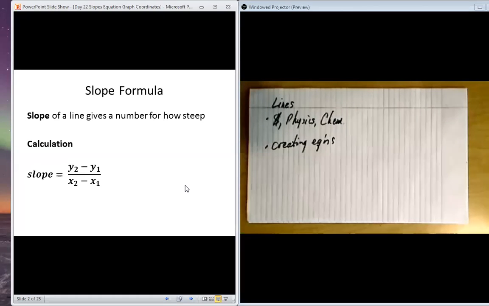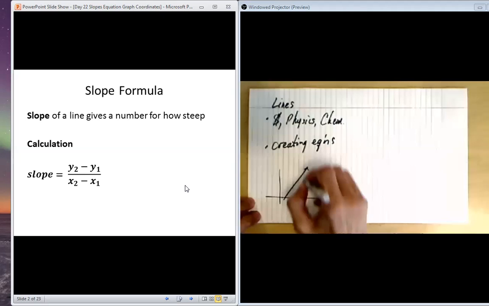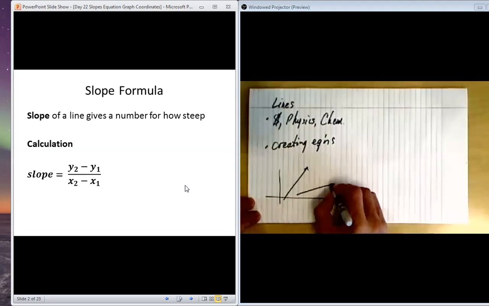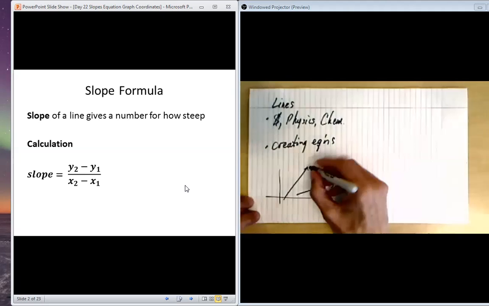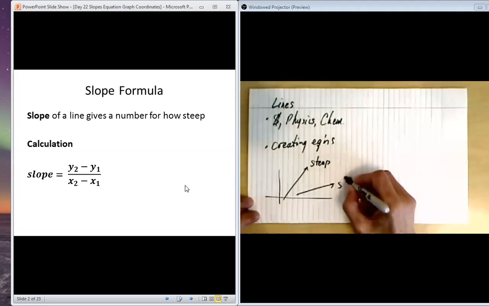All right, the slope of a line at the very basic for us here in math is how steep a line is. The measure for how steep it is. So if it goes up very fast versus like this, right? This line is considered steep, and this line is shallow.